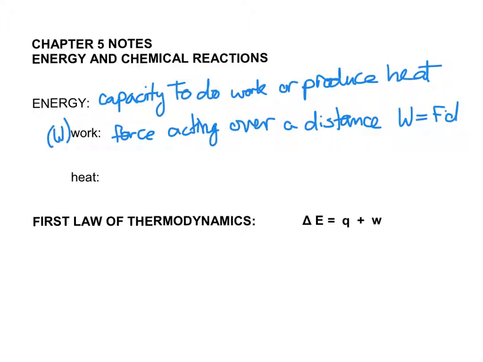Heat, which is something that we're going to talk about a lot more in chemistry, is the transfer of energy between two objects due to a difference in temperature. So let's write that down.